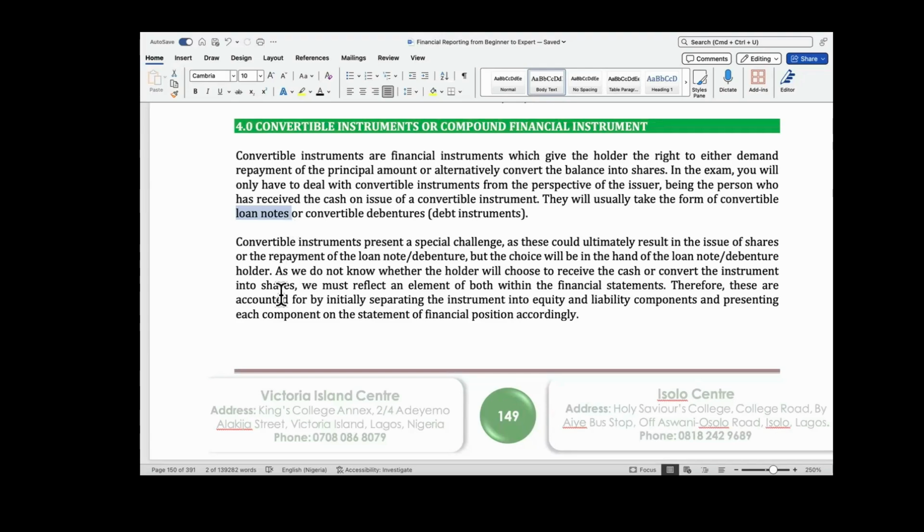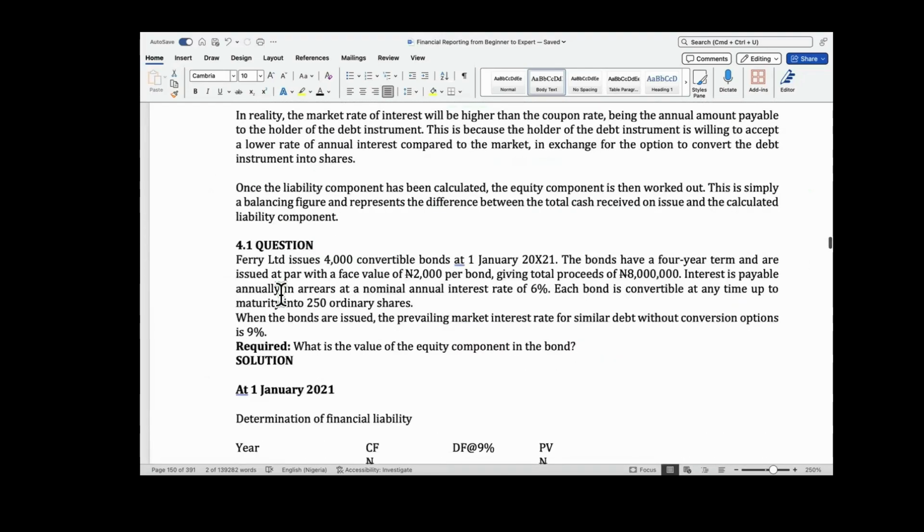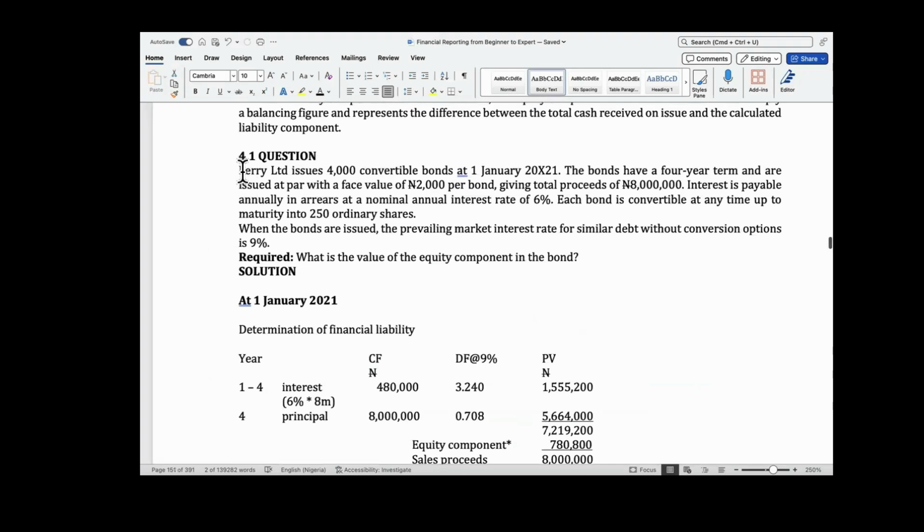I mean, this is best explained with a question. Look at this question. Very Limited issued 4,000 convertible bonds on 1st of January 2021. The bonds have a 4-year term and are issued at par with a face value of 2,000 per bond, giving total proceeds of 8 million.